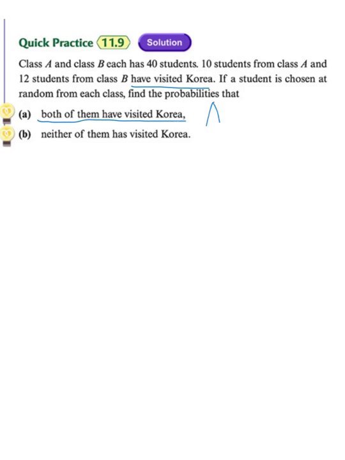So A and B should visit Korea at the same time. So we can check the probability that class A is going to Korea.